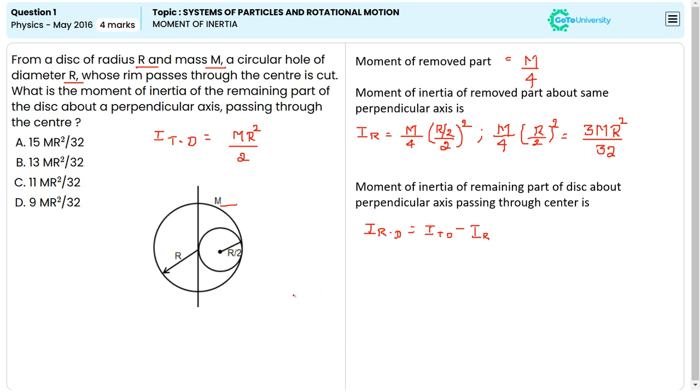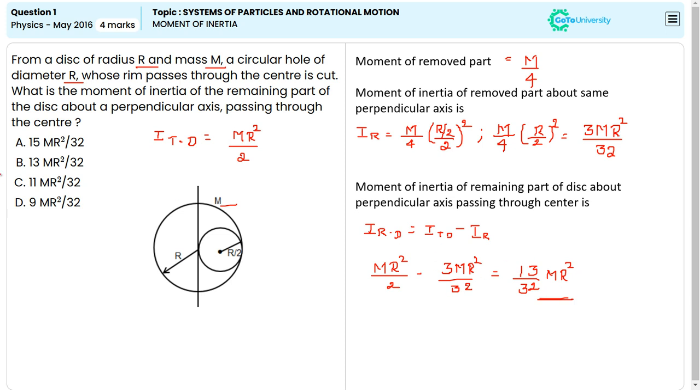Then we can find this as MR squared divided by 2 minus 3MR squared divided by 32. By simplifying, we get the answer, that is 13 by 32 MR squared.